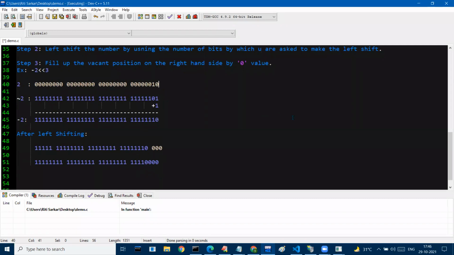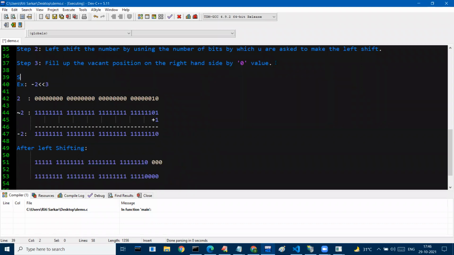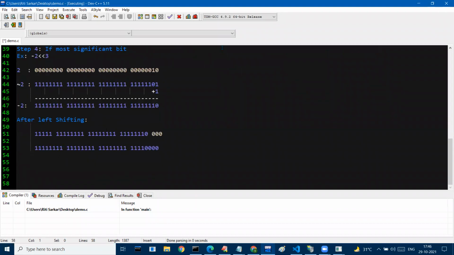Next, step 4 and the final step. What is that? It concerns the most significant bit. Who is the most significant bit here? This is called the most significant bit.